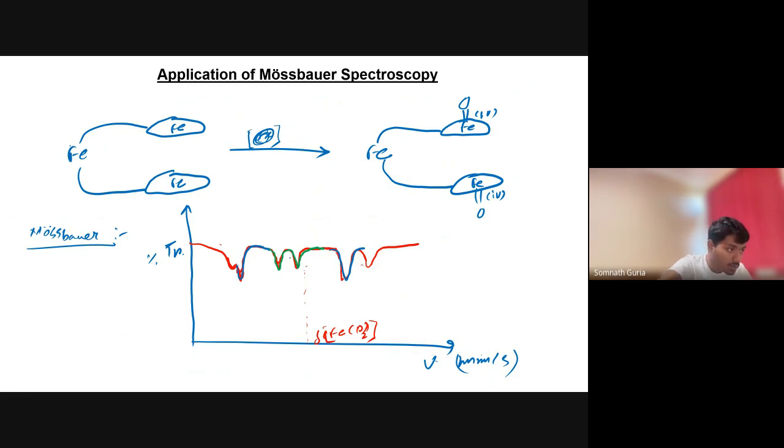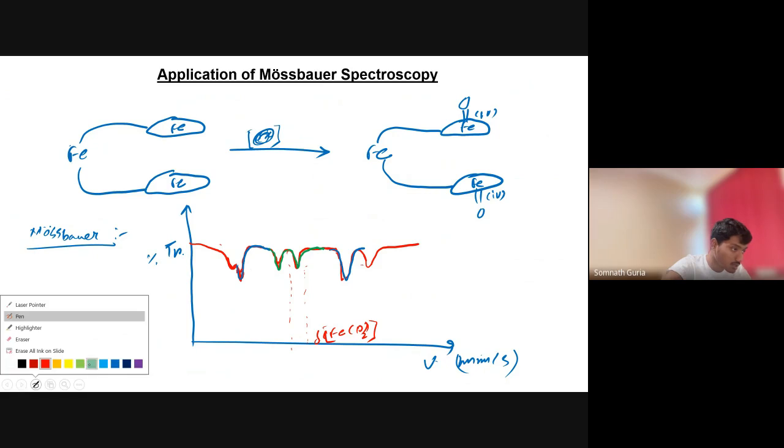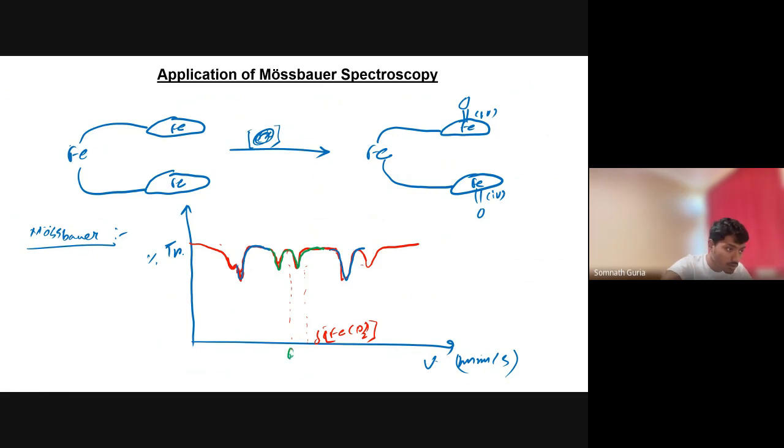and then we have a delta value over here, which will be for Fe, I can write it in green, delta of FeTPP.